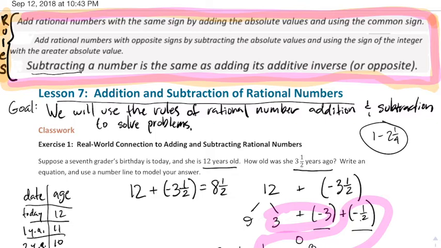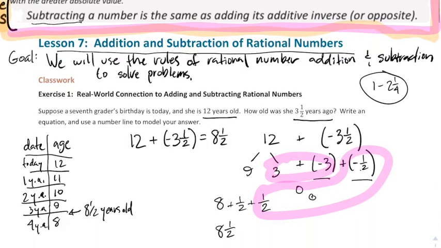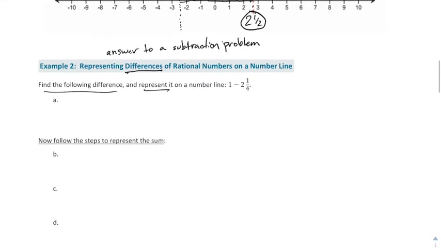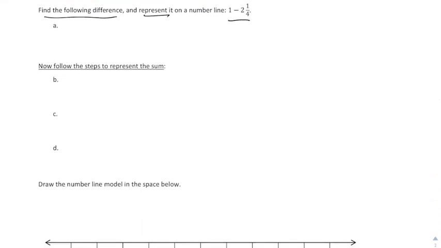Subtracting a number is the same as adding its additive inverse or opposite. So we are going to add the additive inverse of 2 1/4. So we'll go back here. We've got 1 minus 2 1/4, and that rule tells us that this is equivalent to 1 plus negative 2 1/4. And then we're kind of stuck again.